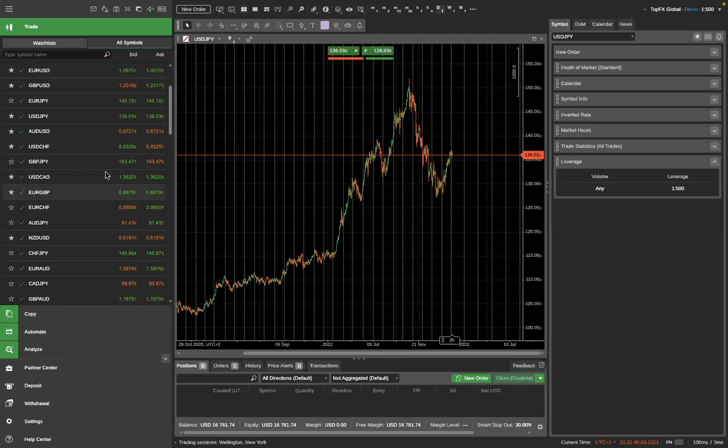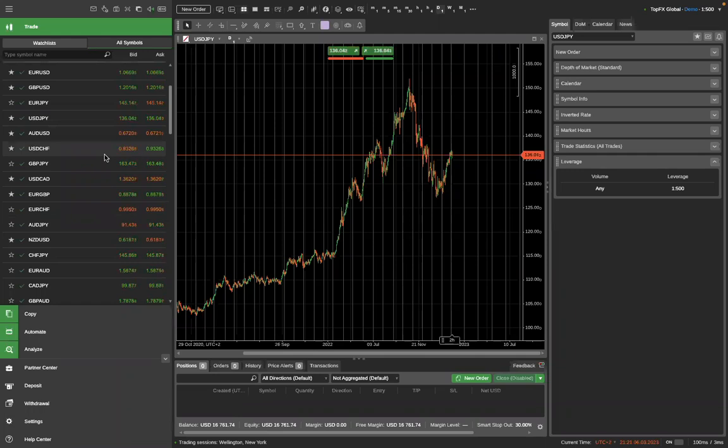So there are some markets that are very susceptible to this kind of news, to forex economic releases, central bank interventions, interest rate decisions, or CPI data and stuff like this.